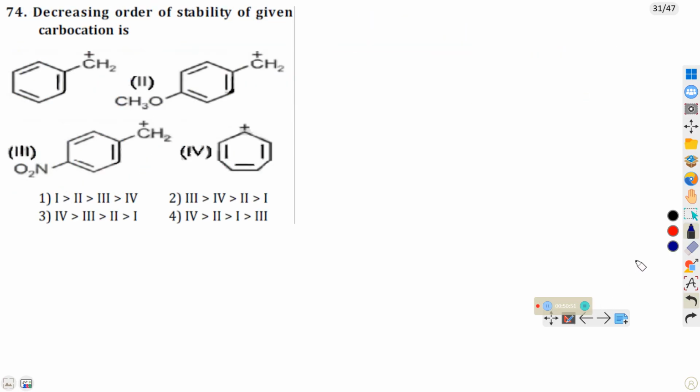Increasing order of stability of carbocation. This is a six-membered ring, six-membered ring, six-membered ring. 1, 2, 3, 4, 5, 6, 7-membered ring. This is a 7-membered ring, so it is exceptionally more stable. The fourth one is exceptionally more stable. Remaining all are 6-membered rings.